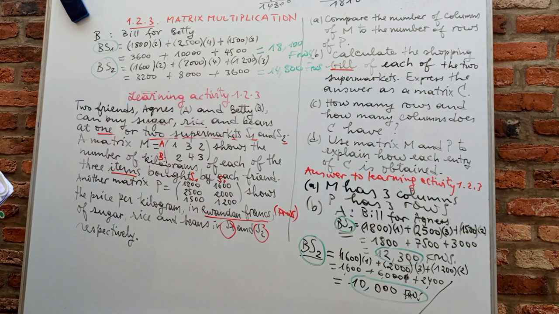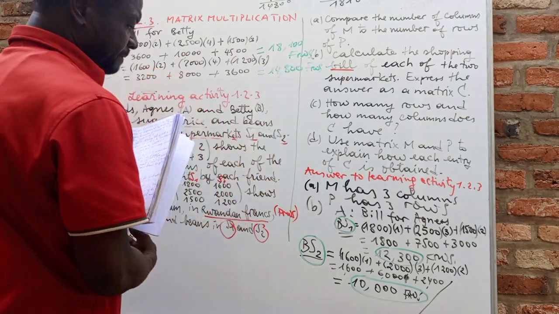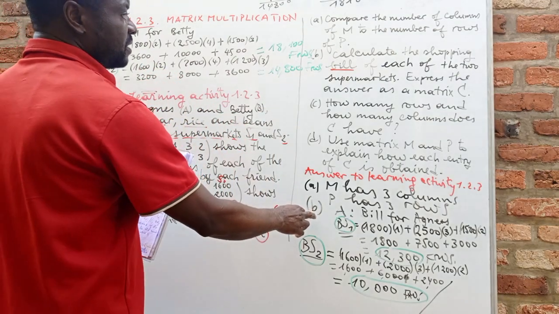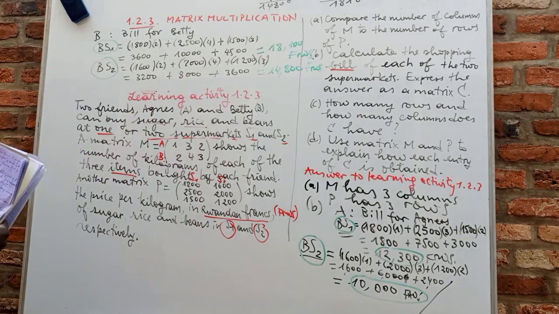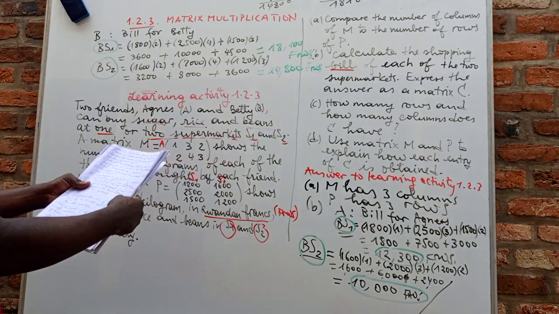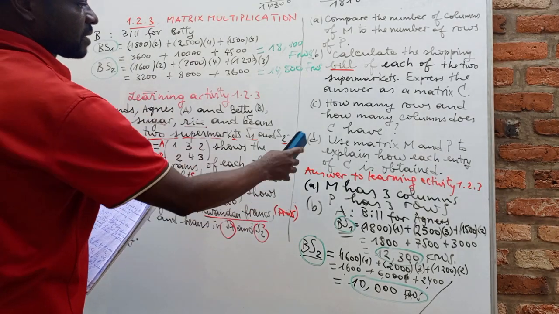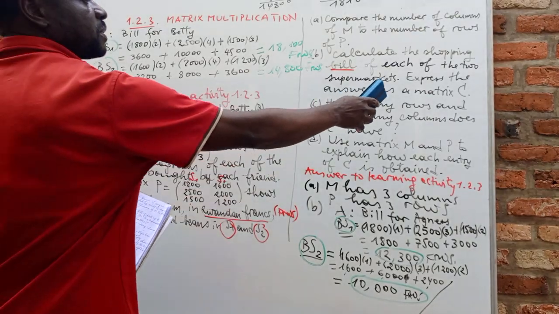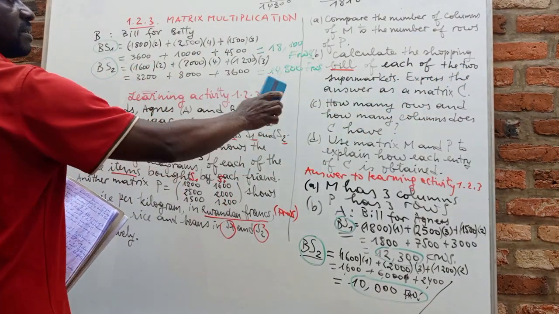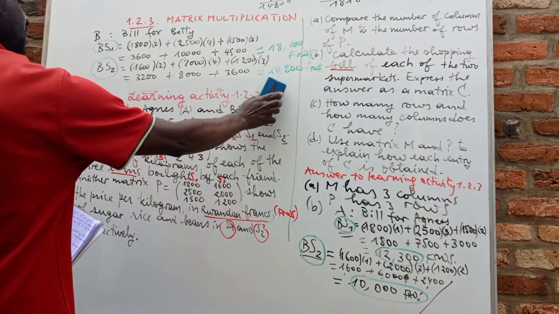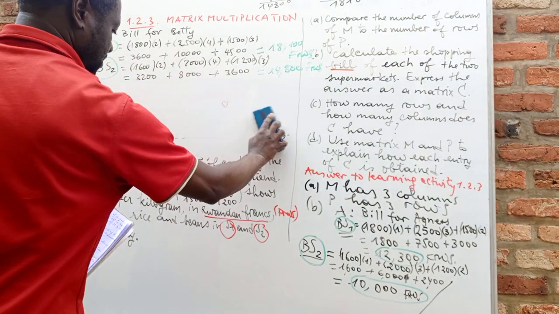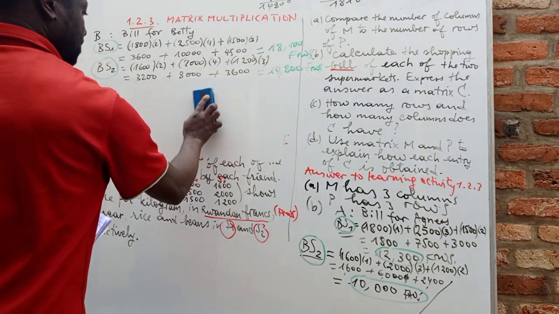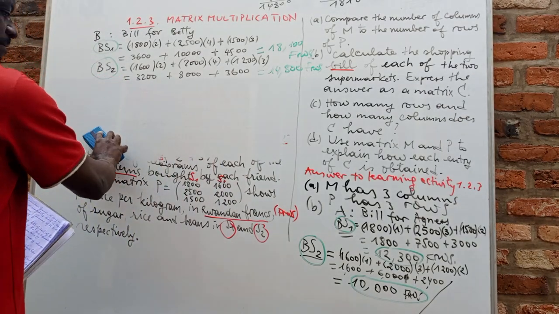Now that is subquestion B, the answer to it is this bill. Next, what do we have to do? Let us continue with expressing these results as a matrix C, for example. What if it were a matrix?